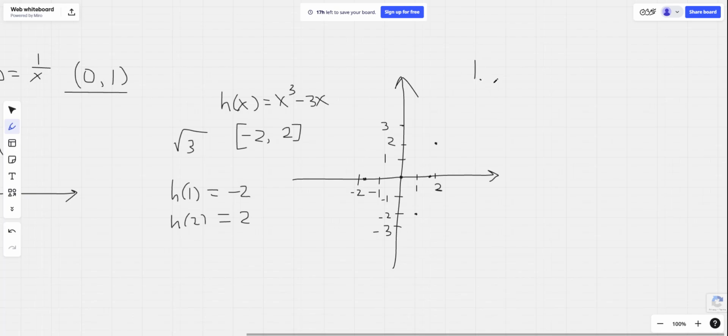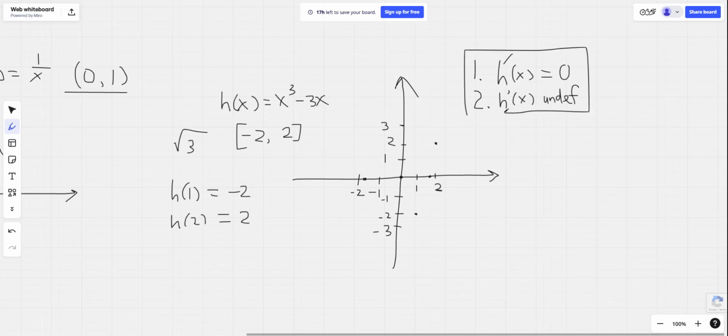The first one is where h prime of x equals 0, where the derivative is 0. So you'll see why in a second. Second of all, you're looking at the derivative and you're looking at where it's undefined, because weird things can happen at undefined points. So these are called critical points.